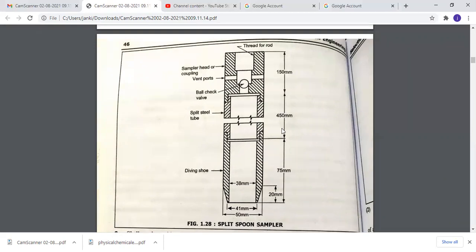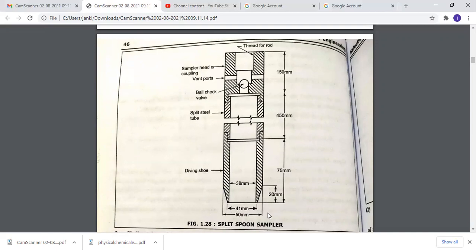Then there is the driving shoe, made of tool steel and 75 long, attached to the lower end of the split tube, which serves as a cutting edge.